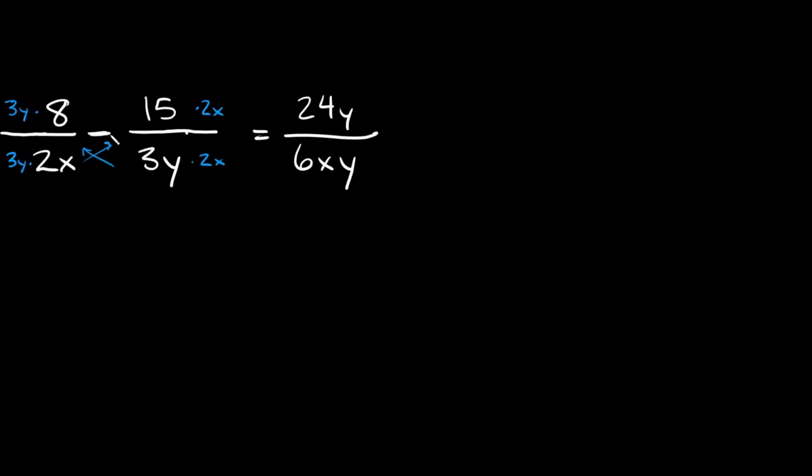And in this case, we're subtracting, so minus. Then here, 15 times 2x is going to be 30x, and that's going to go over the same thing, 3y times 2x, which is equal to 6xy. So as you can see, now we have the same denominator.